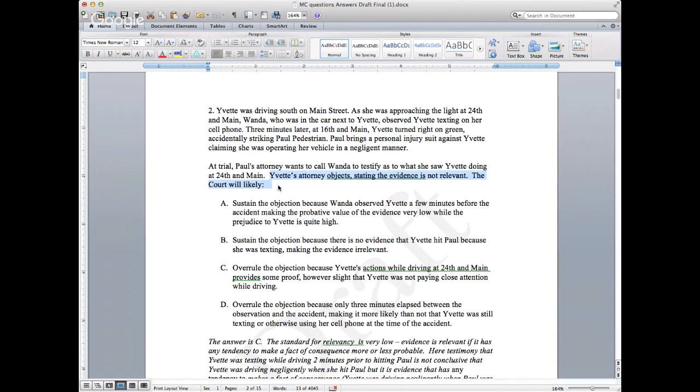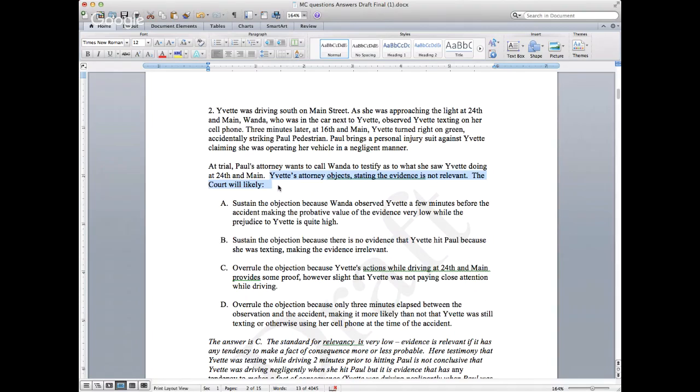Paul brings a personal injury suit against Yvette, claiming she was operating her vehicle in a negligent manner. At trial, Paul's attorney wants Wanda to testify as to what she saw Yvette doing at 24th and Main. So she sees Yvette texting at 24th and Main, and then 3 minutes later at 16th and Main, about 8 blocks later, she accidentally hits Paul the pedestrian.